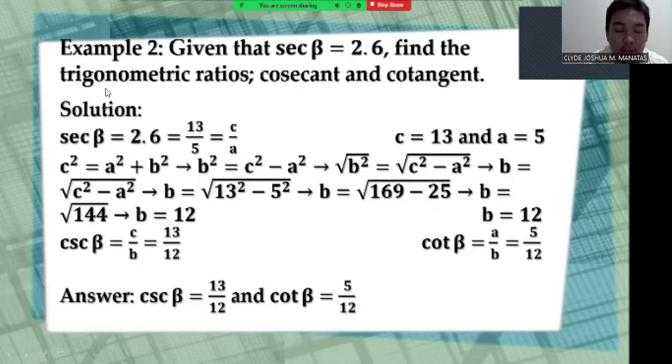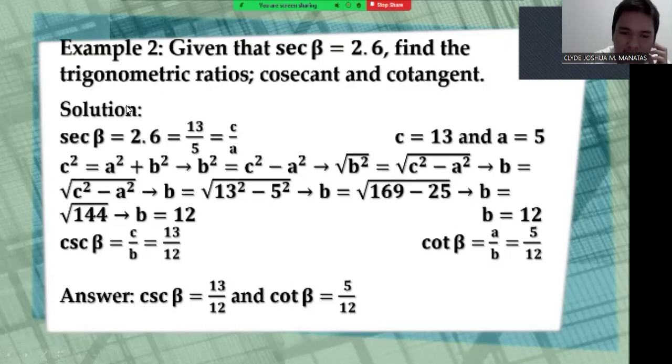Then we take the square root on both sides and it will become B is equal to the square root of C squared minus A squared. So let's substitute them. B is equal to the square root of 13 squared, since C is 13, minus 5 squared, since A is 5.